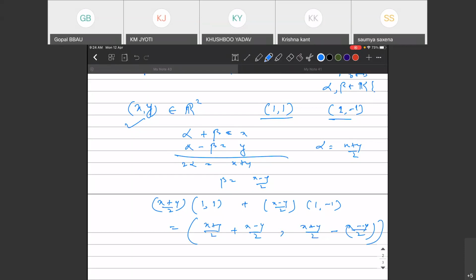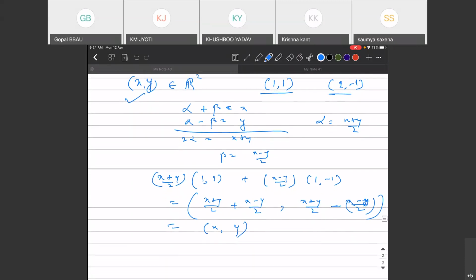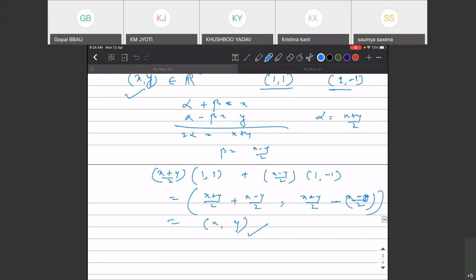So from here y gets cancelled, 2x by 2 is x, and from here x and x get cancelled, minus minus is positive, y by 2 plus y by 2 is y. So any element can uniquely be expressed as a linear combination of an element from E and an element from E perp.